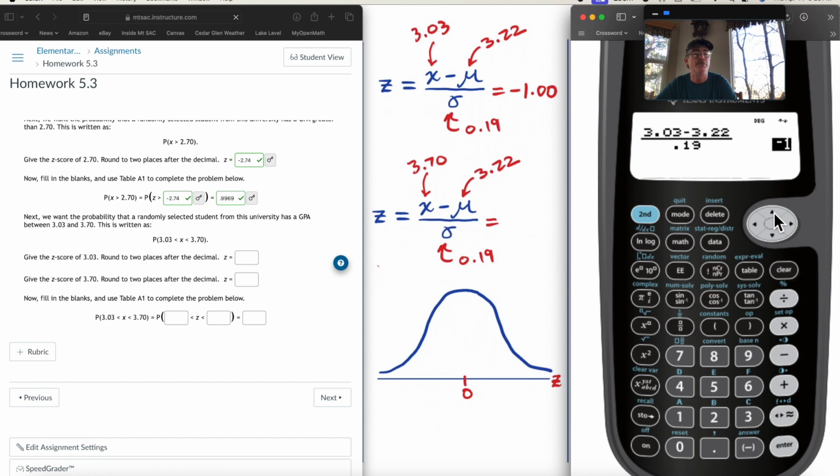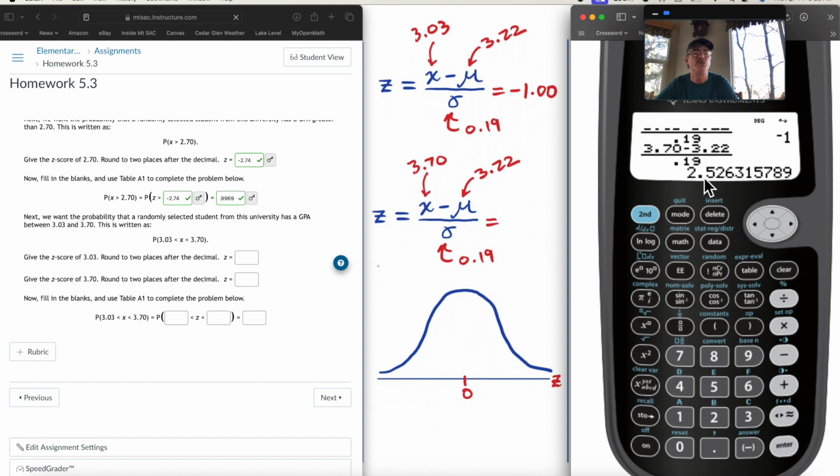So I'm going to press the up arrow to highlight, and then one more to highlight, and then enter does a copy paste. Sometimes I just feel kind of lazy, so I'll navigate back into this expression and change this to a 3.70 like that, and enter. So here's my new z-score.